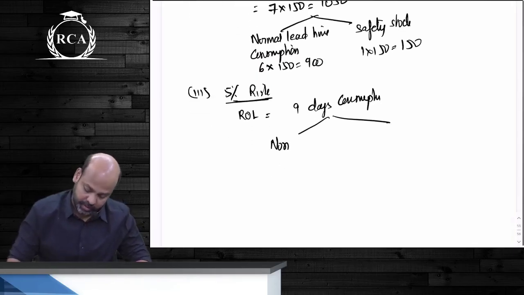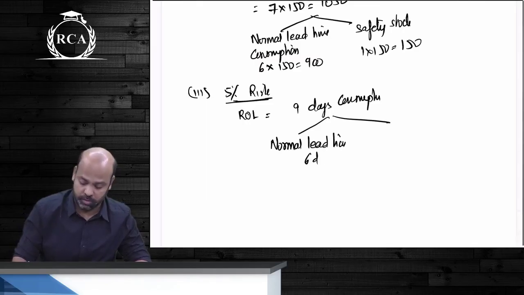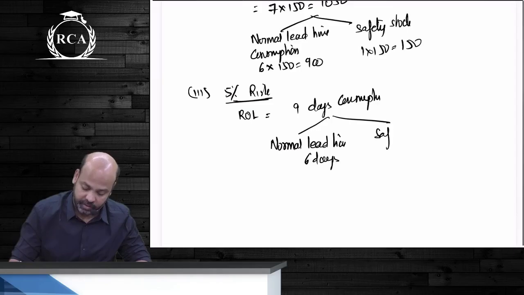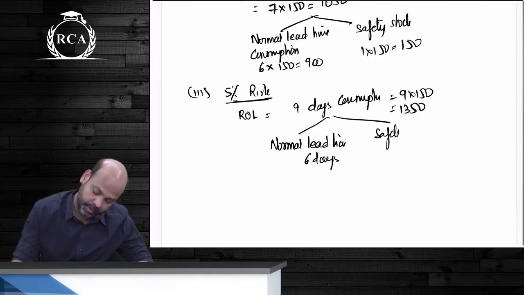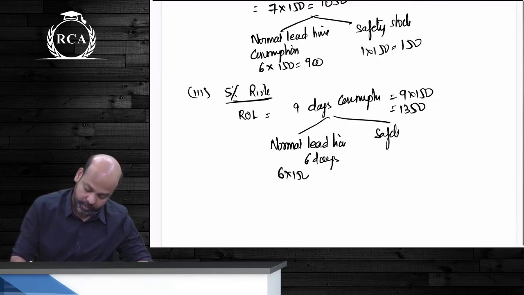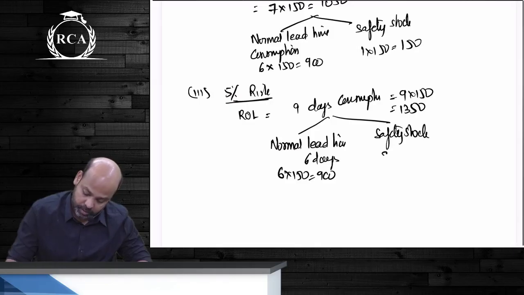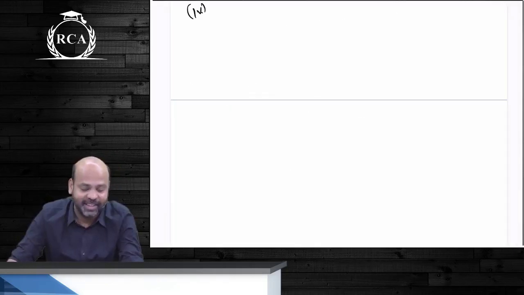Normal lead time is how much beta? हाँ? And safety stock, अरे ये लिखा ही नहीं, sorry. 9 into 150 guys, that will be 1350. This will be 6 into 150, 900. So safety stock guys would be 3 into 150, 450. Okay.